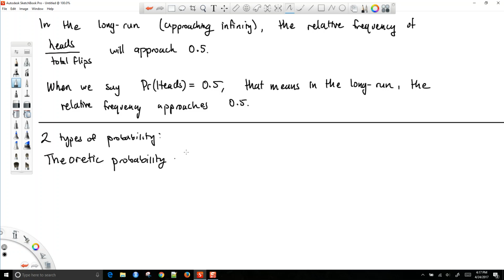And this is going to be the focus of our probability chapter. These are probabilities calculated from mathematical rules.